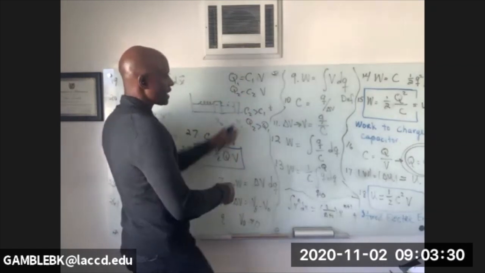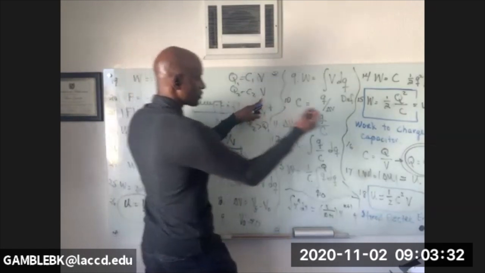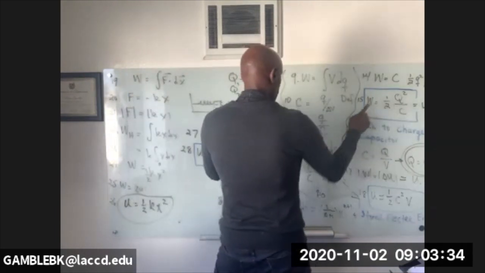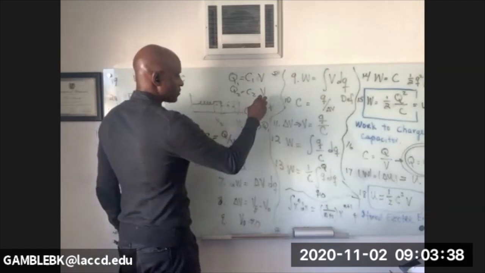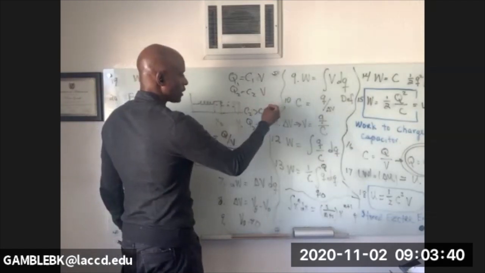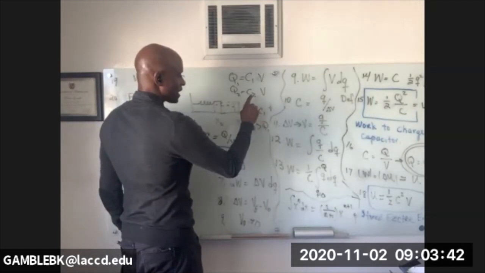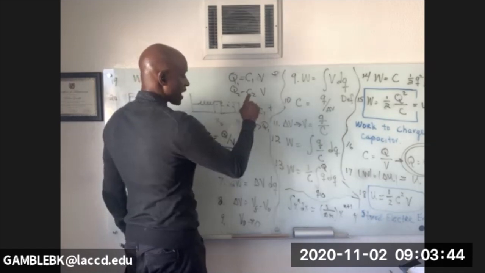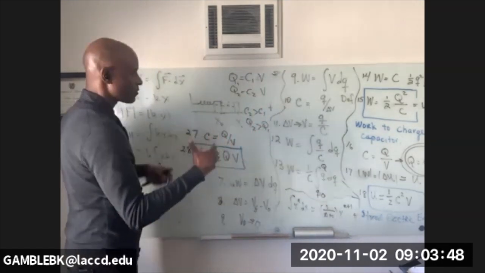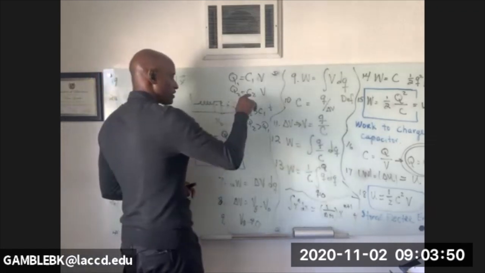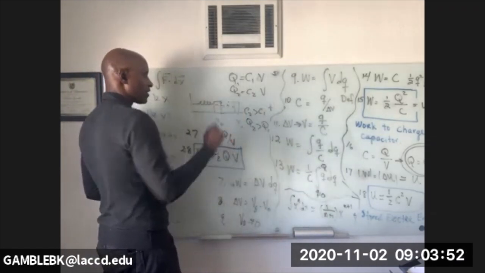Well, if you understand that potential is proportional to energy is proportional to work, then basically the battery has to do more work to charge the capacitor that has a higher capacitance than a lower capacitor, right? So it takes more work to charge C2 because C2 is greater than C1.